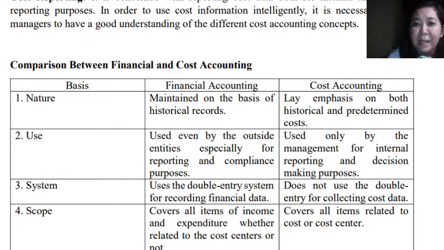That's why under cost accounting, they are not only concerned about historical cost, but it can also include predetermined cost, or those costs which can be incurred in the future.